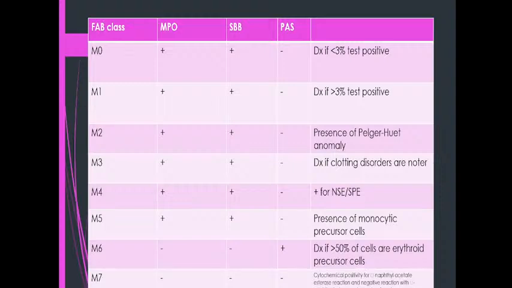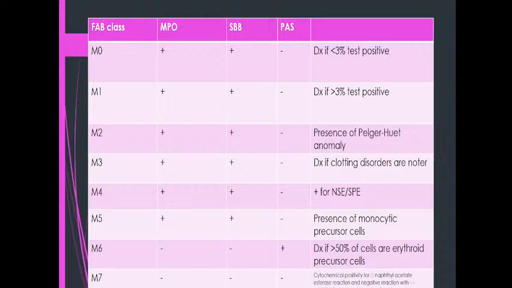Hindi sila myeloid lineage. Kaya wala silang myeloperoxidase. Kasi nga, yung cytochemical stain is myeloperoxidase. Myeloid precursor ba yung erythroid precursor? No. Myeloid precursor ba ang megakaryocytes? No. Therefore, they will test negative.